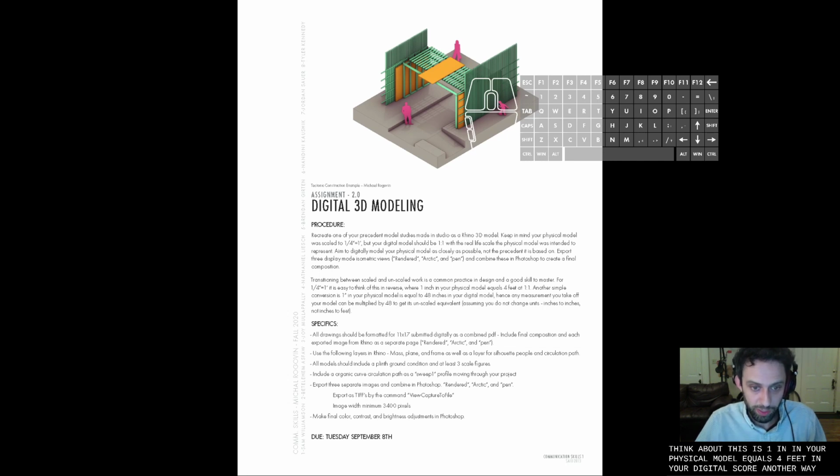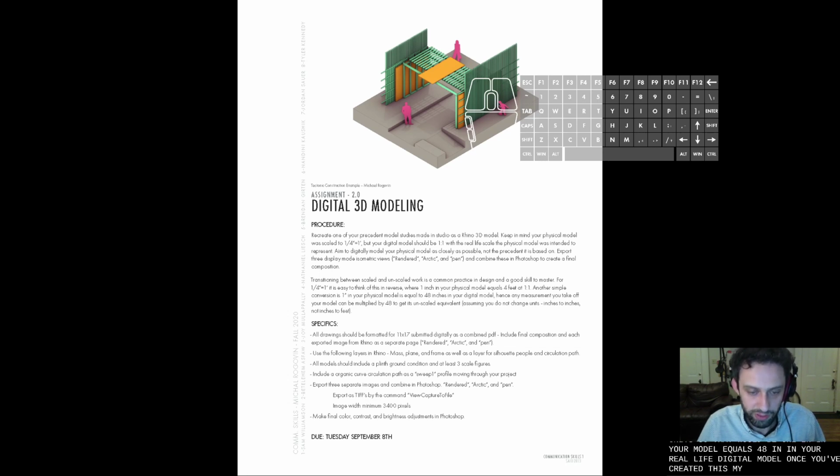Or another way to think about it is 1 inch in your physical model equals 48 inches. Any measurement you take from your physical model can be multiplied by 48, assuming that your scale is 1/4 inch equals a foot, and it will equal the correct real life scale measurement. This assumes you're not changing units, so 1 inch in your model equals 48 inches in your real life digital model.